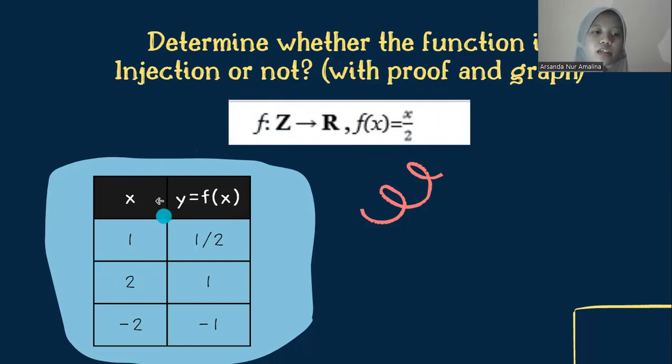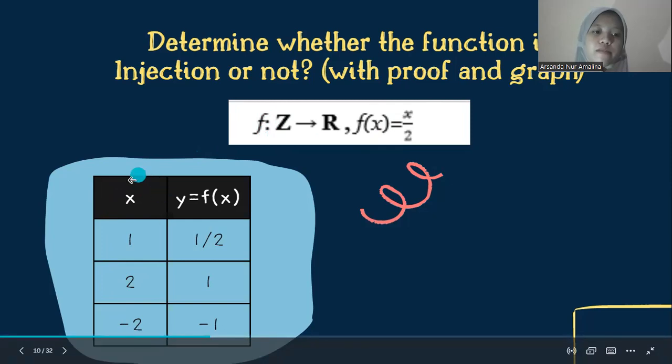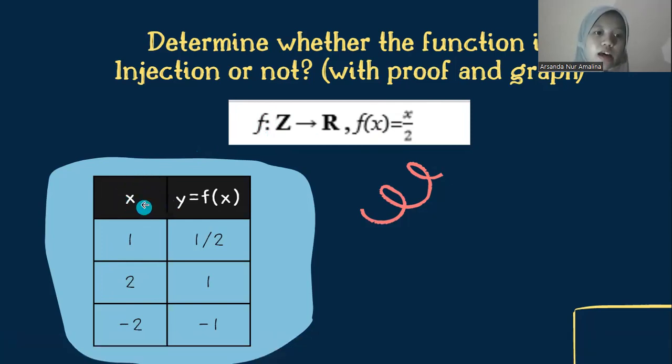We can pick random values of x and then substitute them into f of x, so we can get the value of y, or f of x.